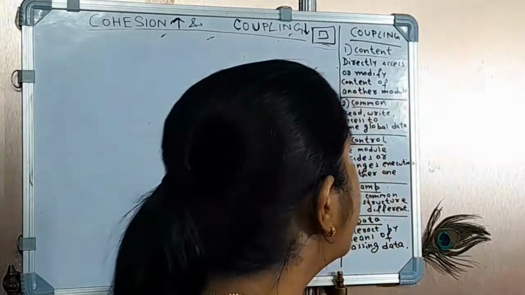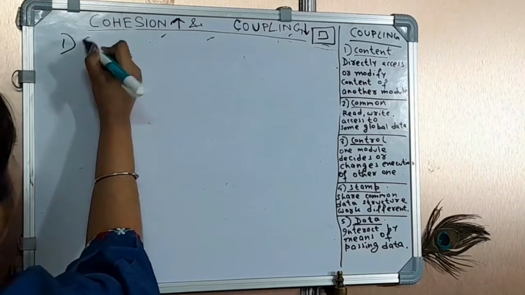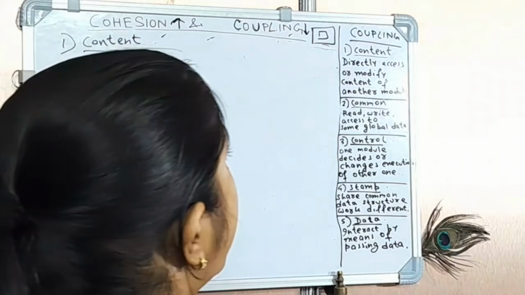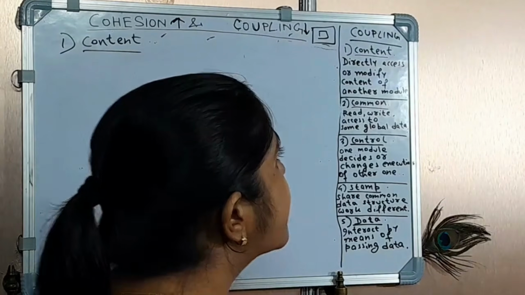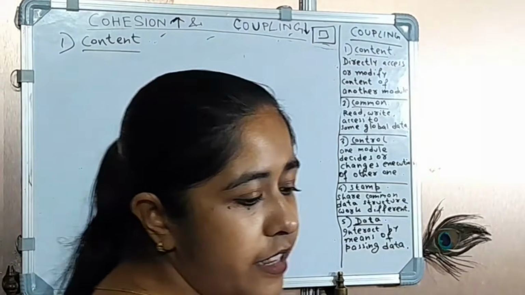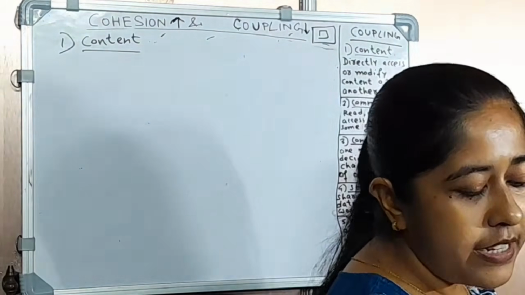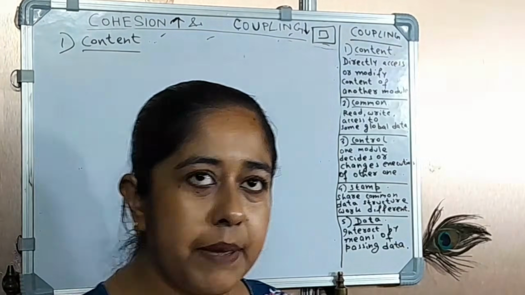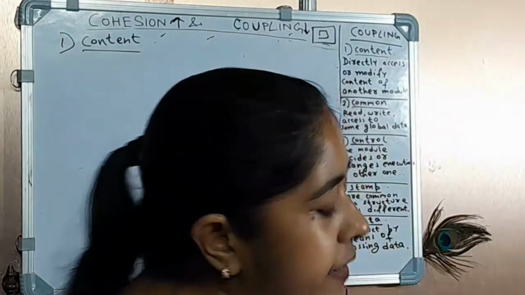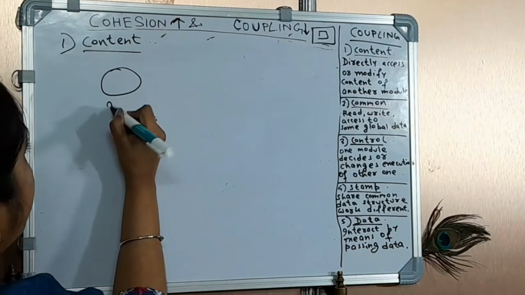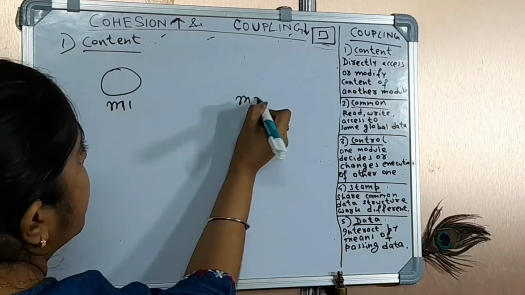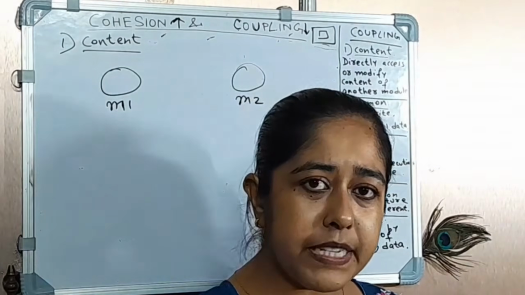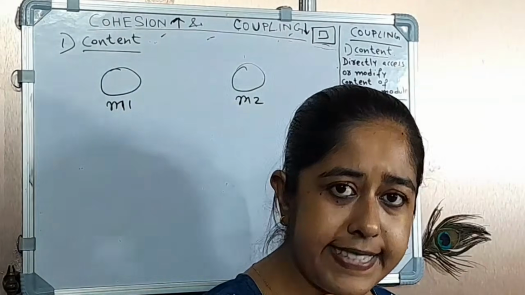Now let's see the first coupling, content coupling. Here, a module directly accesses or modifies the content of another module. Suppose this is my module 1 and this is my module 2. Then how will the dependability be checked?